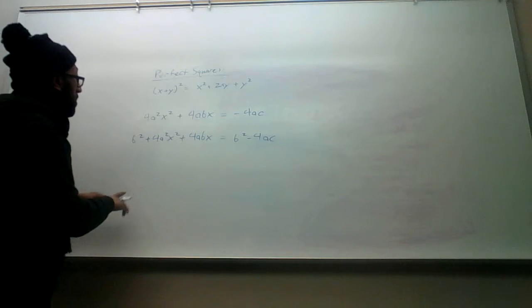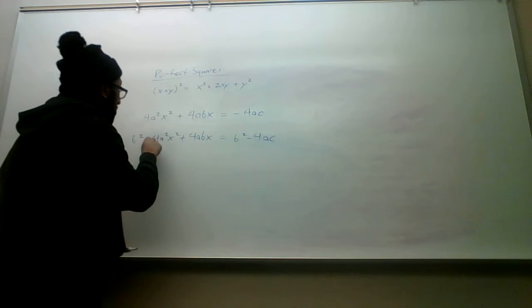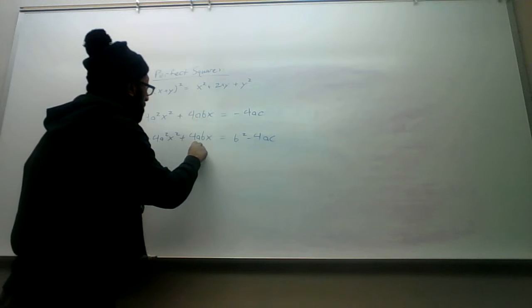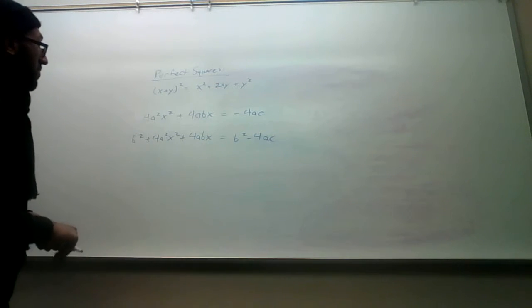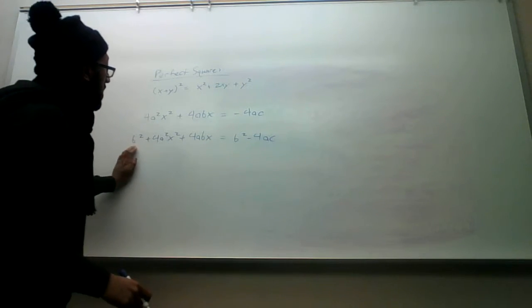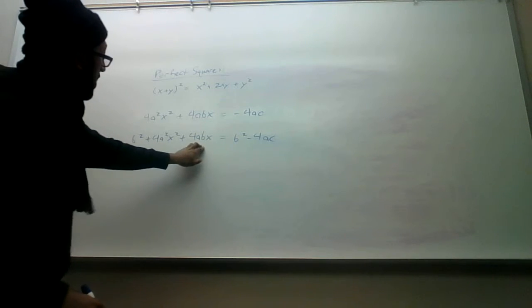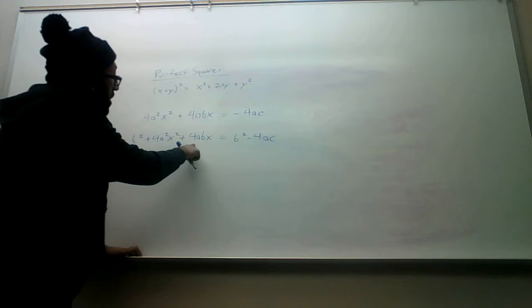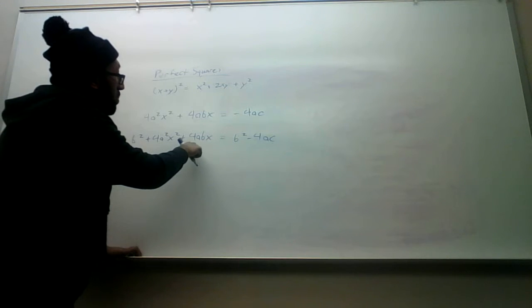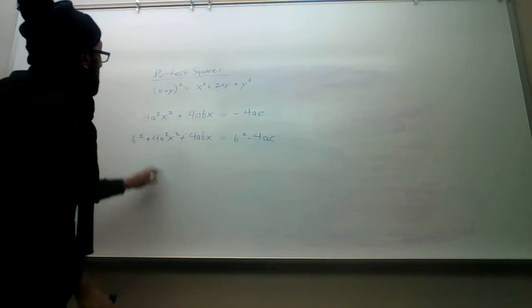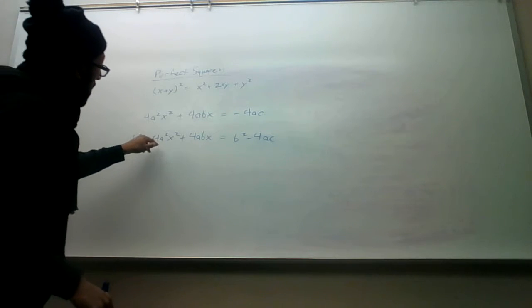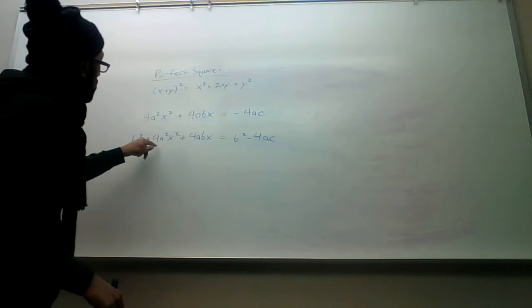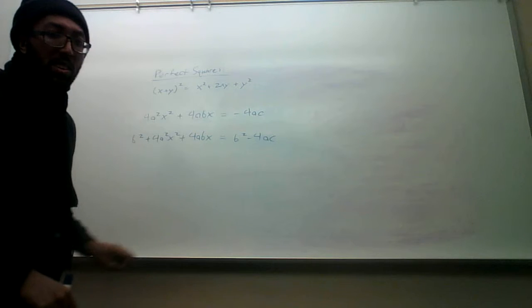Now if you look closely at b squared plus 4a squared x squared plus 4abx, you'll notice that these 2 terms are related. For example, this could be equal to 2 times 2ab, and this could be equal to 2ax squared.